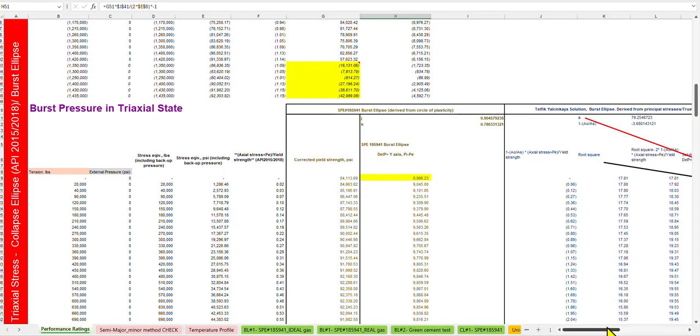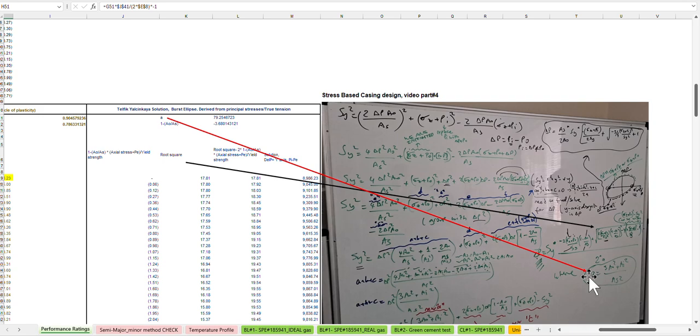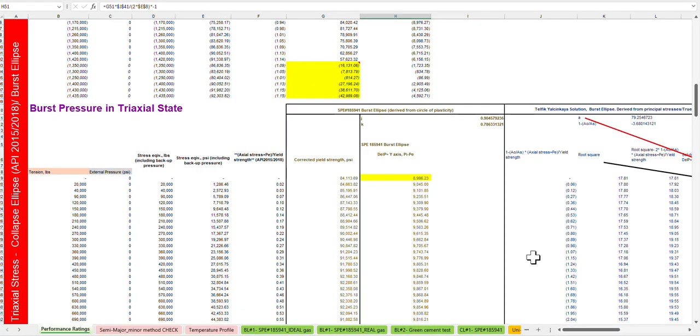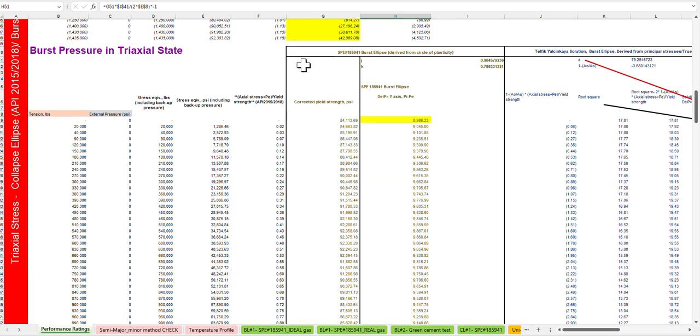So again, let's go to the right. This was the whiteboard that I presented in part number 4, so you can go back and watch the derivation. This time the backup pressure is the external pressure, because it's the burst load case, which is the differential between internal and external pressure. So I put 2 lines here. There are 2 methods.